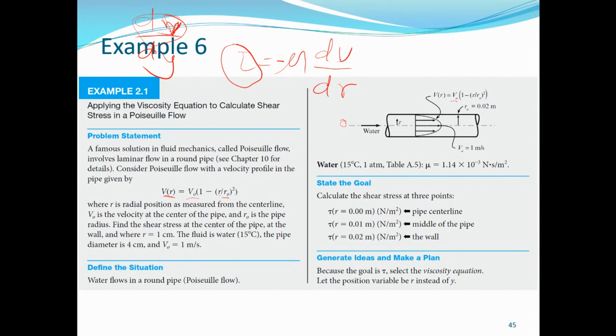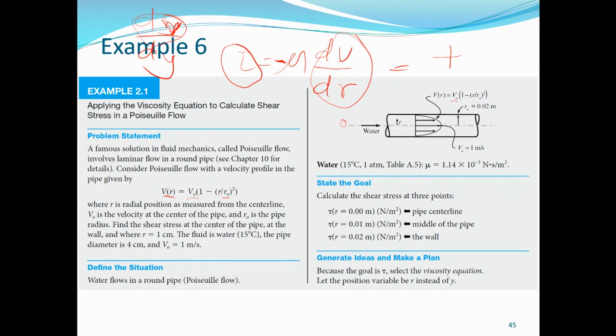So when the radius increases outward, the velocity decreases. So we introduce a negative sign here, because this quantity is going to be negative, so minus will cancel the minus, and ultimately shear stress will turn out to be a positive quantity. This is a very important point that you need to take care of.